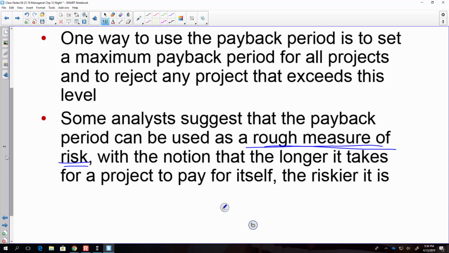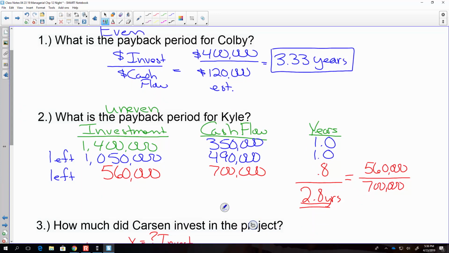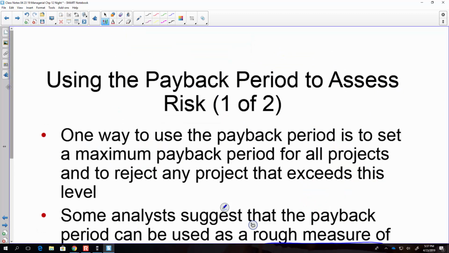If I go back to our example here, I know they're different companies, 3.3 years, as far as a risk assessment, is riskier than 2.8 years. The theory is the longer I have to wait to get a return on my investment, the more risk is involved in that waiting period. So it's a good measurement for risk assessment. Quick and easy.